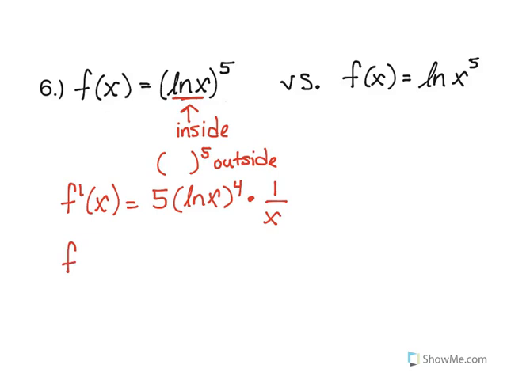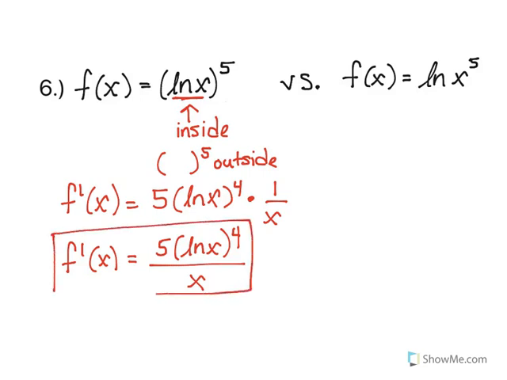So this derivative, f prime of x, comes out to 5 parentheses natural log of x to the 4th all over x, okay? So that's a chain rule where we can't avoid doing the power rule version of a chain rule, okay? There's no property of a log that allows us to rewrite that one because the 5 applies not only to the inside but to the outside, the natural log, as well. So there's no way to rewrite it. We have to do chain rule, okay?